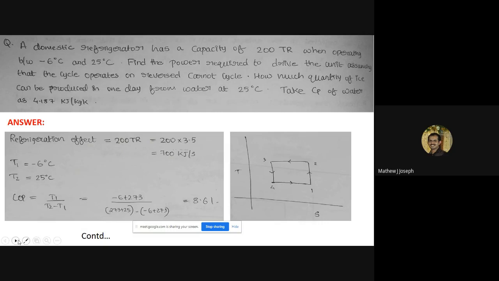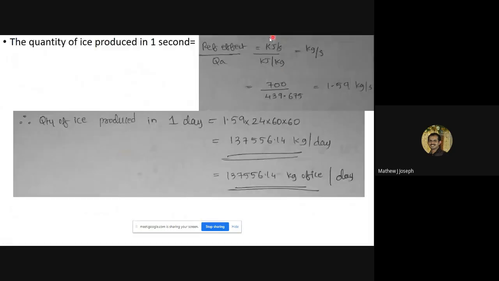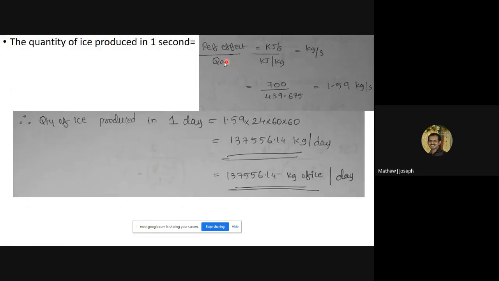Then, just before, we calculated the QA, the heat absorbed from 1 kilogram of water. That unit was kilojoules per kilogram.